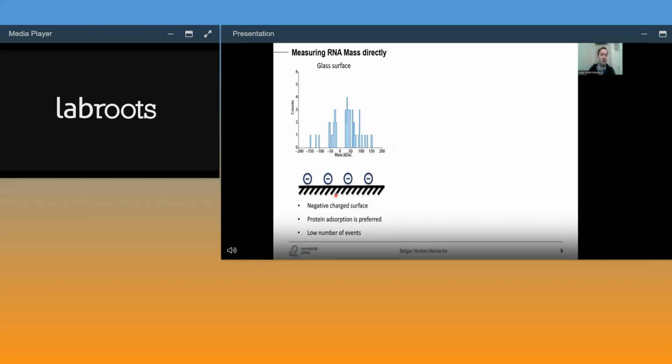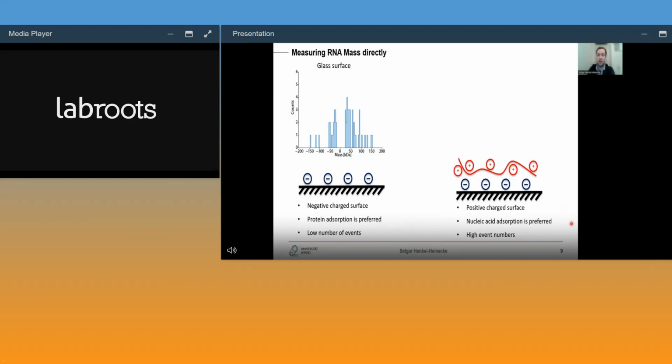As you know, the glass surface is negatively charged, and therefore the protein adsorption is preferred. And if we use then nucleic acids, we get only a low number of events. So we therefore have to positively charge the surface.